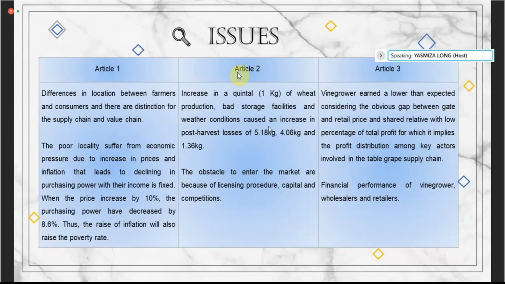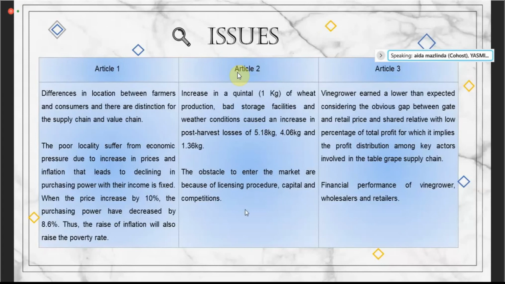Apa lagi? Effect lagi ni, high distribution cost. Poor linkage. Okay, high distribution cost. And then apa lagi? Bad storage, madam. Okay, bad storage.